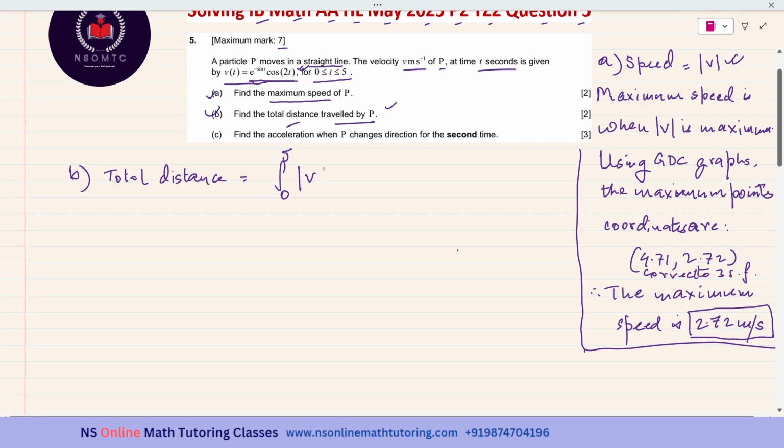Since it is the distance, it will be the integral of the absolute value of v dt. So this is equal to the integral from 0 to 5 of the absolute value of e to the power of negative sine t times cos of 2t dt. Okay, so calculator.